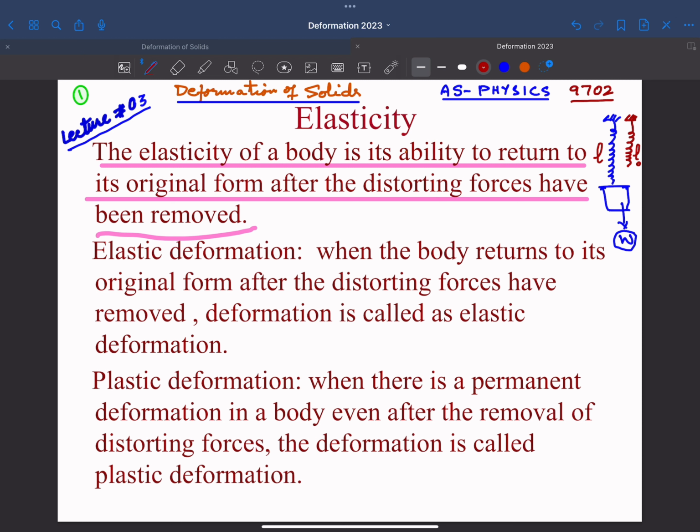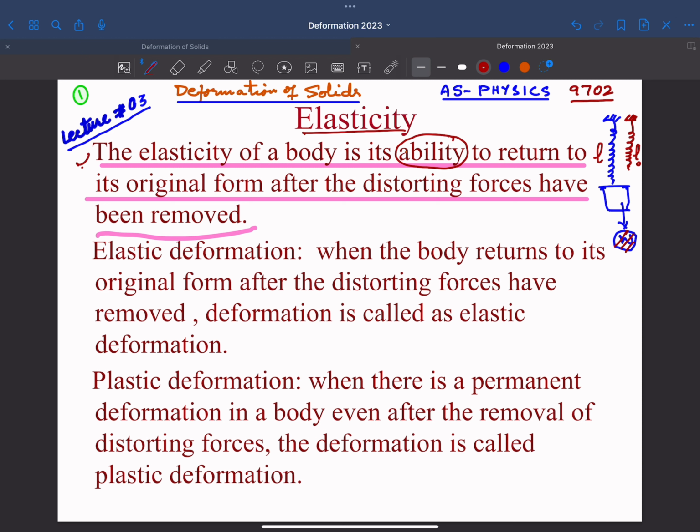So when we are removing this weight, if the body is going back to its original shape, then we have a good ability of restoring its original shape after the removal of the weight or load. This is basically the ability of a body, and this ability is the elasticity, or how elastic your body is.